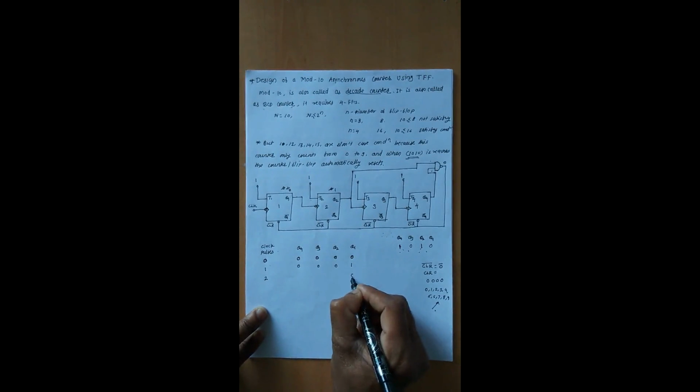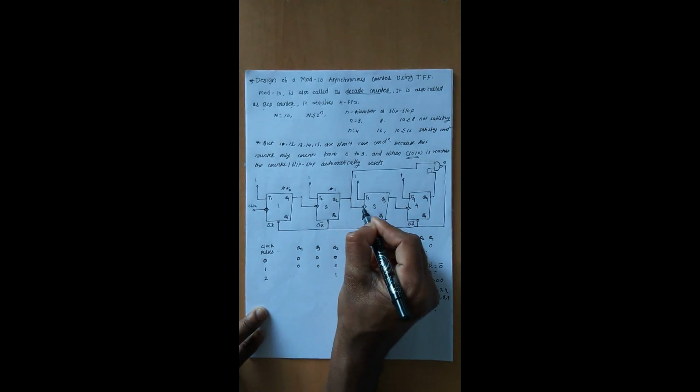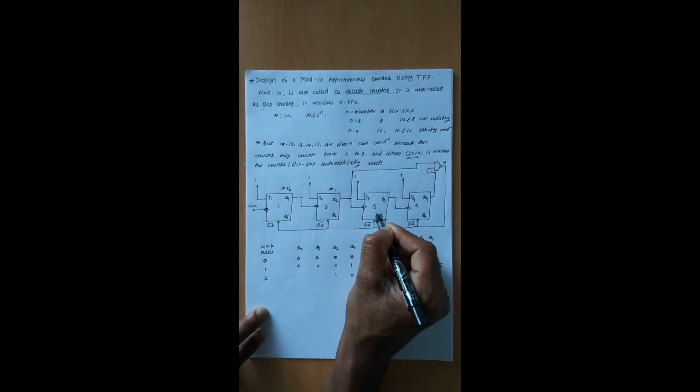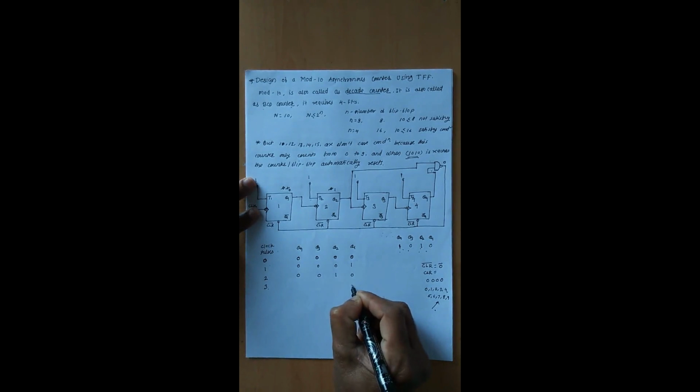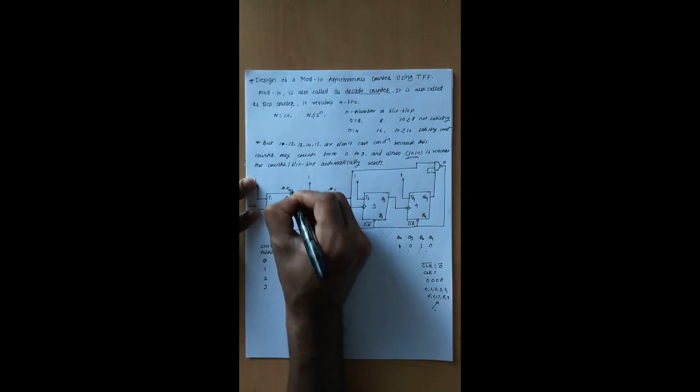So this is a 0, this will be 1. If this is a 1, then due to this bubble, it is converted into 0, and that's why flip-flop 3 and flip-flop 4 are in the reset condition, so the output is not going to be changed. For the third clock, what will happen? This will be changed to 1, because of the toggling condition.